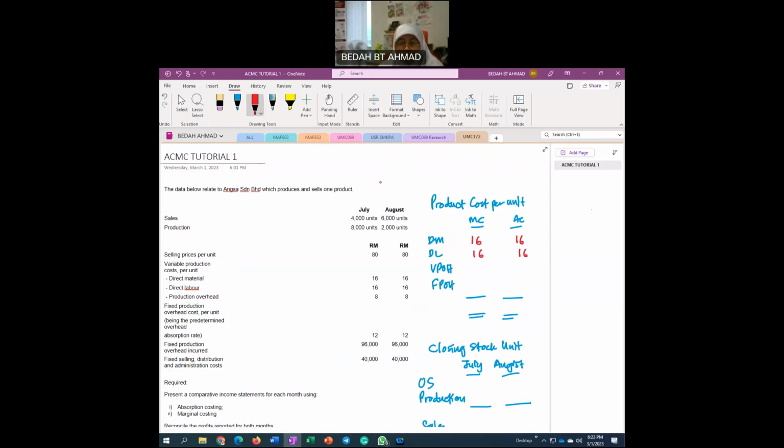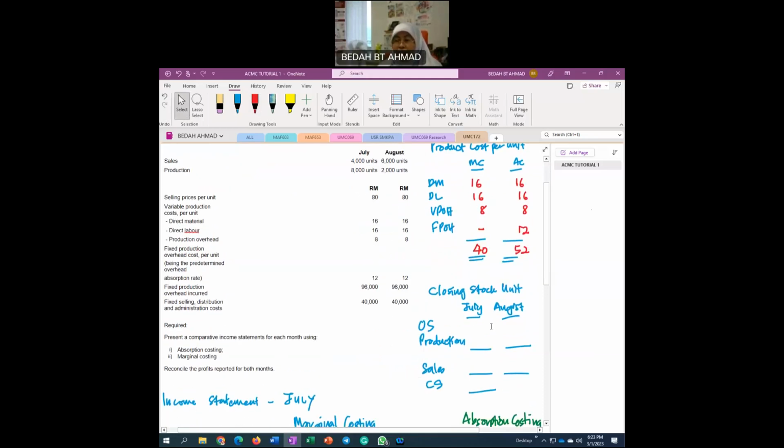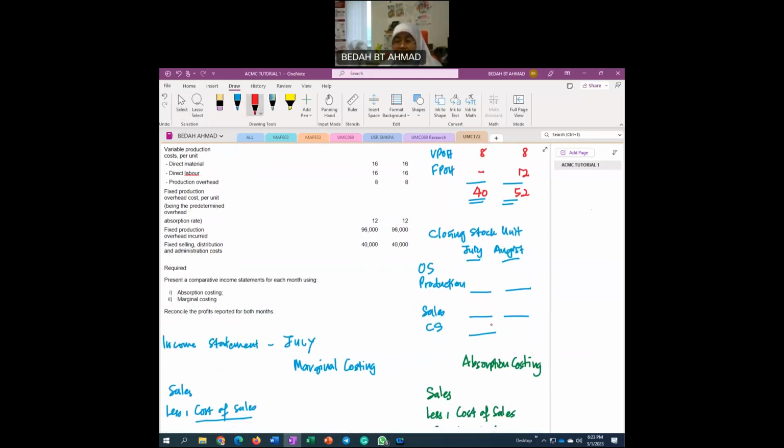Variable production overhead is 8 and 8. For marginal costing, there is no fixed production overhead, and for absorption costing, it is 12. So the total product cost per unit for marginal costing is 40, and here is 52.